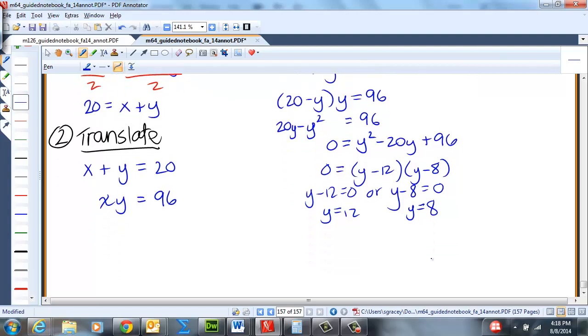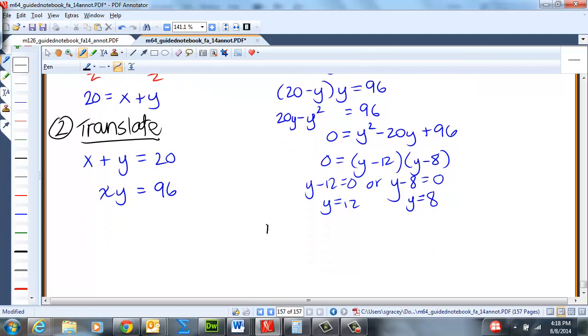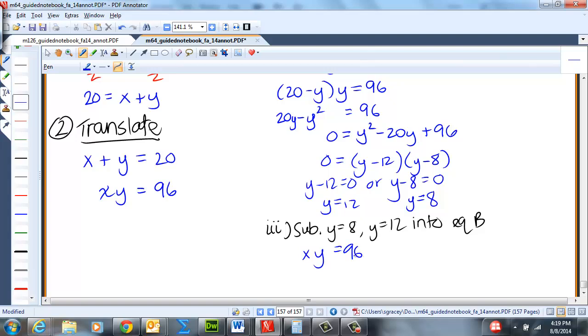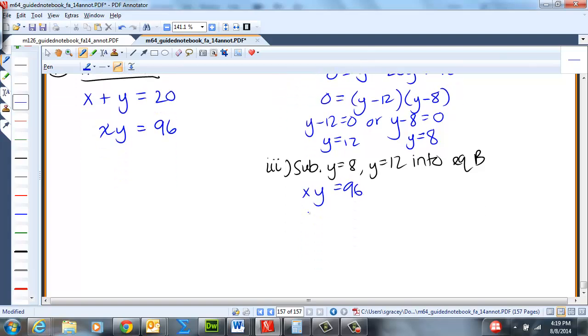Okay, so now, thirdly, if we substitute y is 8 and y is 12 into equation B, which is that area, x times y is 96, we'll get, for y equal to 8, we'll have x times 8 is 96.